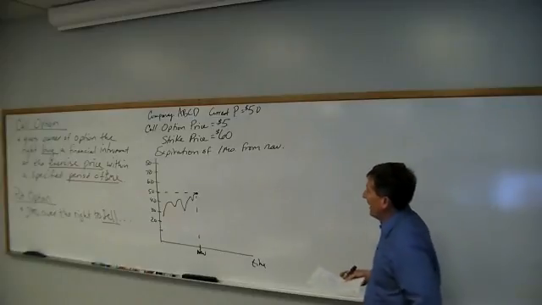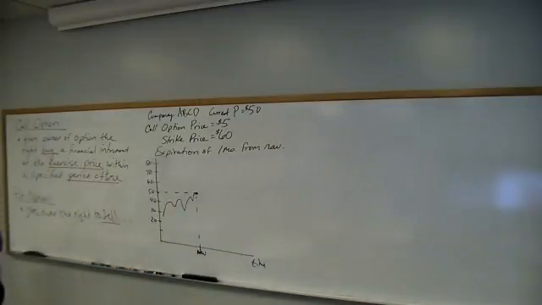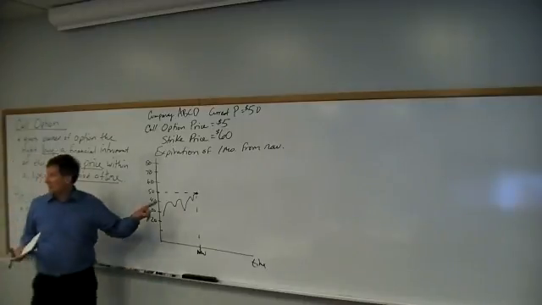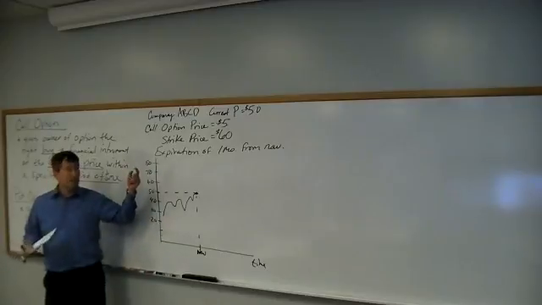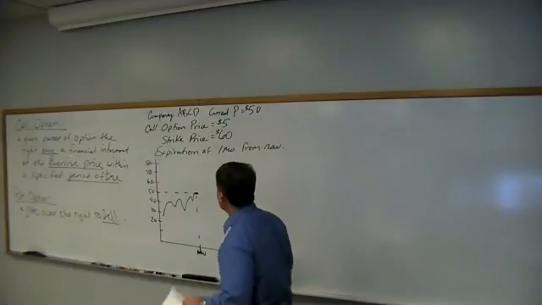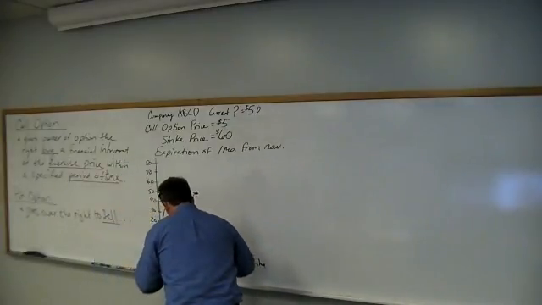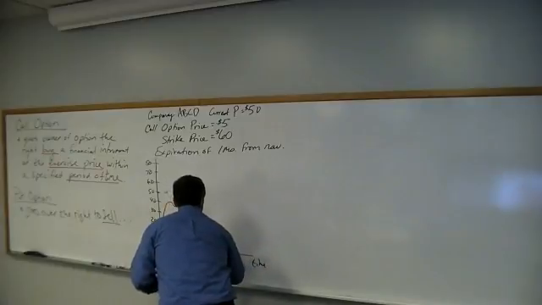Okay, so with a call option, are we hoping it continues to go up, or are we hoping it goes down? Up, right. With a call option, we hope it goes up. So let's look at a couple possible outcomes in the future. This is 1 month from now.